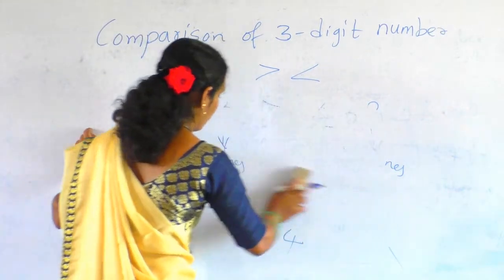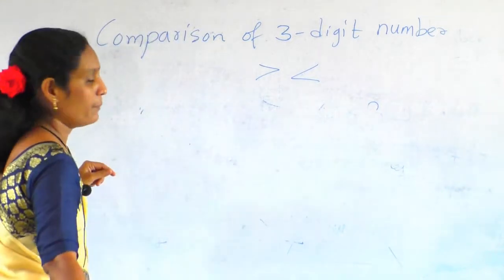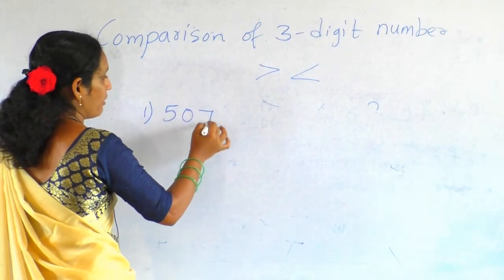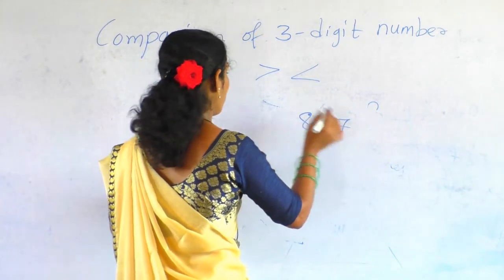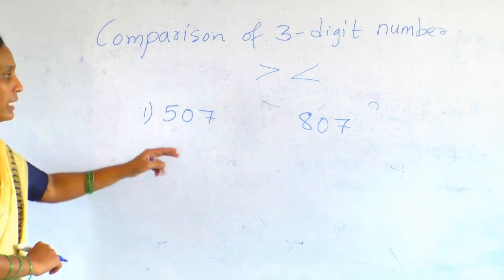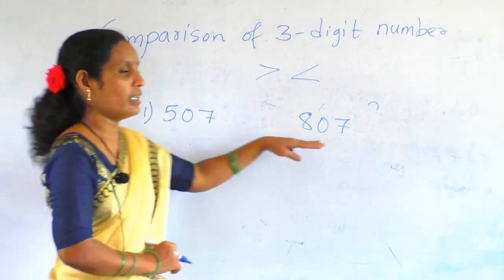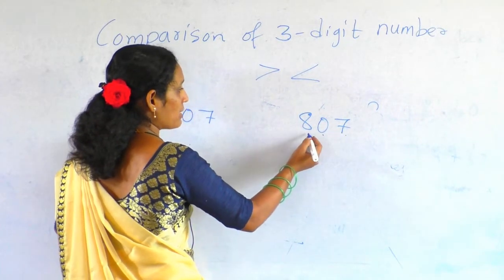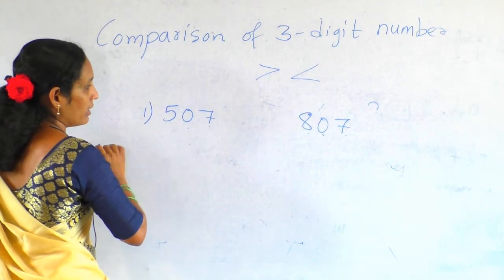I will take another example. See now, 507 and 807. Compare the 3-digit numbers. Here also 3 digits, here also 3 digits. Ones, tens, hundreds.